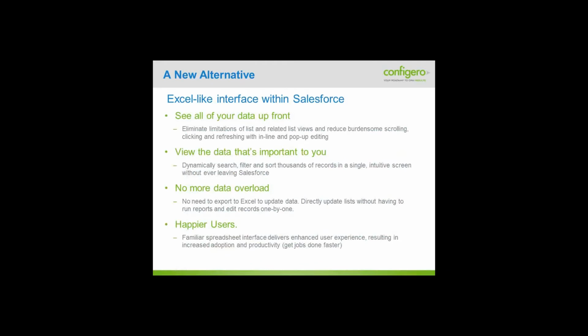So again, the grid looks a lot like Salesforce, and one of the things that the grid does is consolidate and present a lot more information on one screen, so that you don't have to load a bunch of pages to see all the data you're interested in.